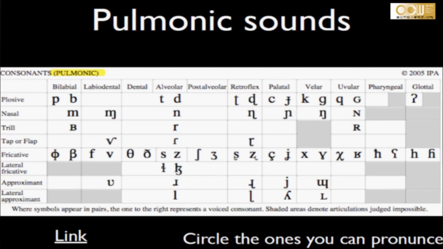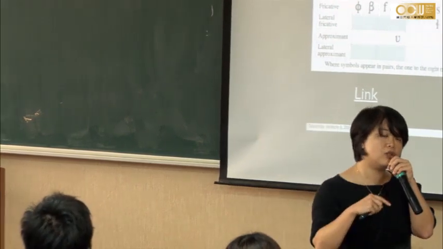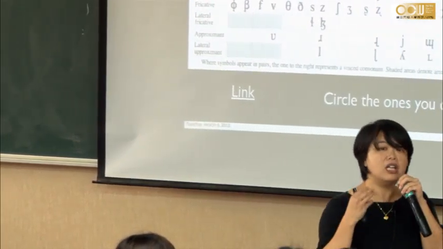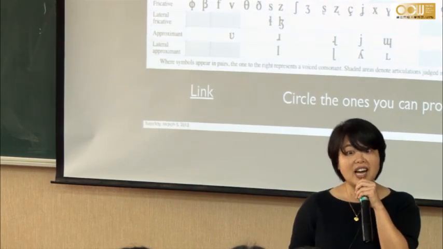I'm going to emphasize here it's called pulmonic because all these sounds we have been producing actually use the air which comes out of your lung. That's why they're pulmonic. Okay, so by the end of this lecture, we're going to introduce some other sounds that you can produce without using your lung.